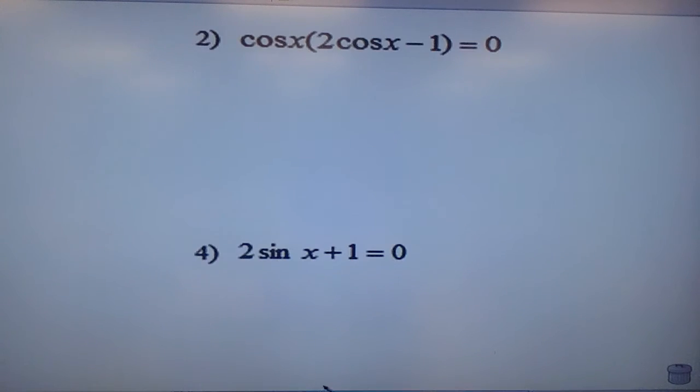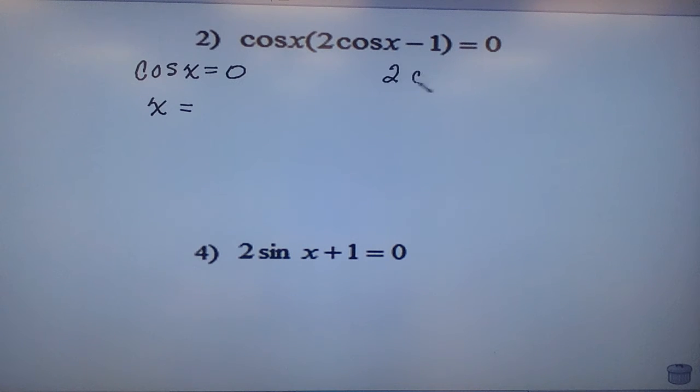We're looking for where cosine x times 2 cosine x minus 1 equals 0. Both of these are factors, so we're going to separate them and set them both equal to 0 and solve for x. So cosine x equals 0, and we want to look for that angle measure. And here, let's solve for cosine x.